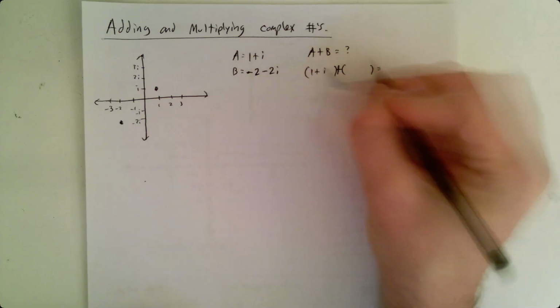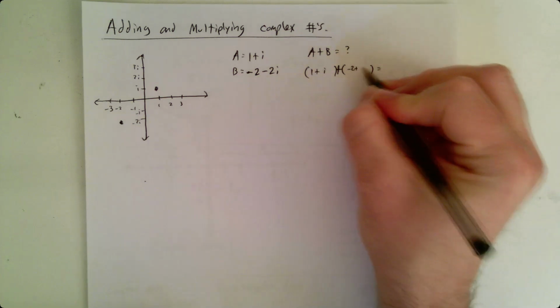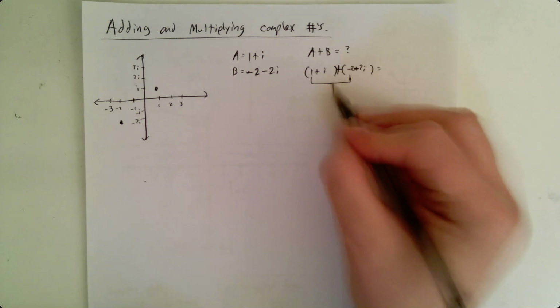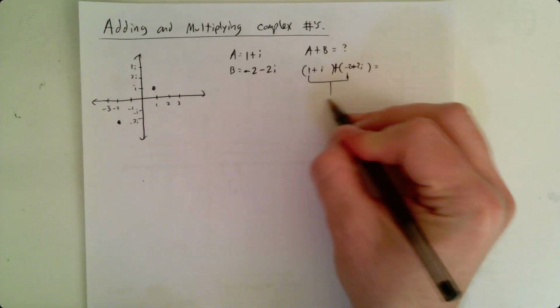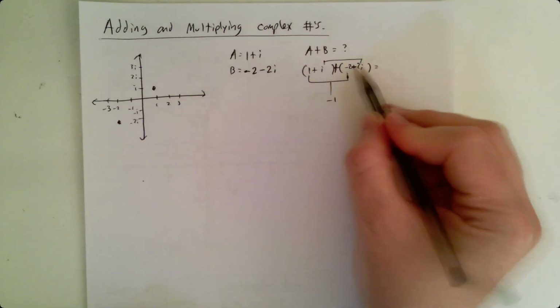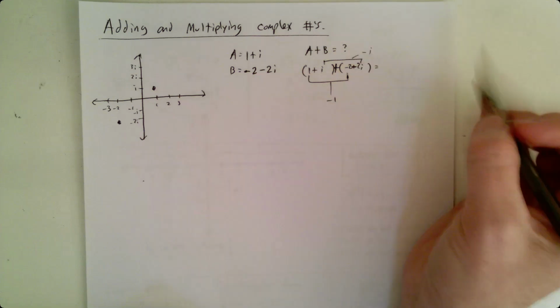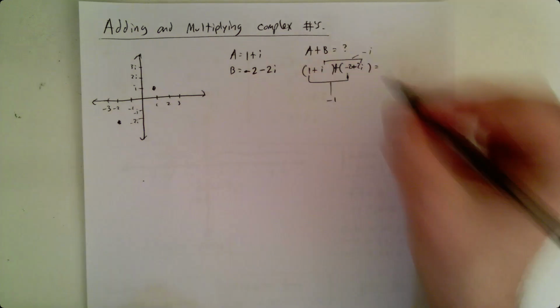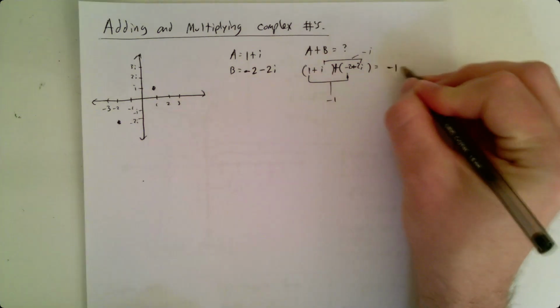So 1 plus i, -2 minus 2i. The 1 and the -2, I can do 1 plus -2, so that's -1. Here I can do i minus 2i gives me -i. So you combine the real part separately and the imaginary part separately. So I end up with -1 minus i.